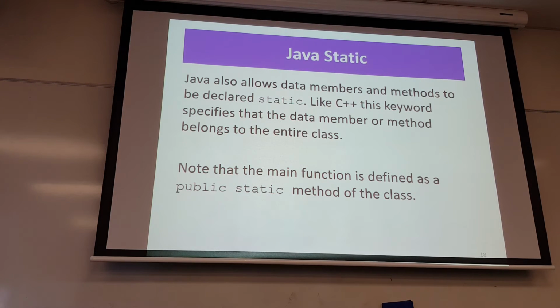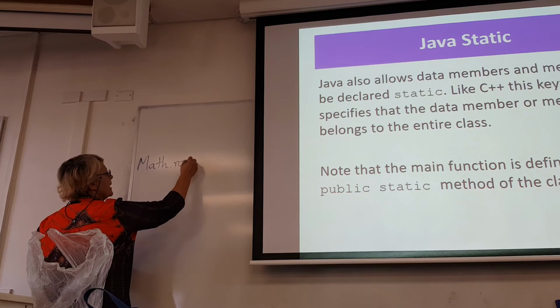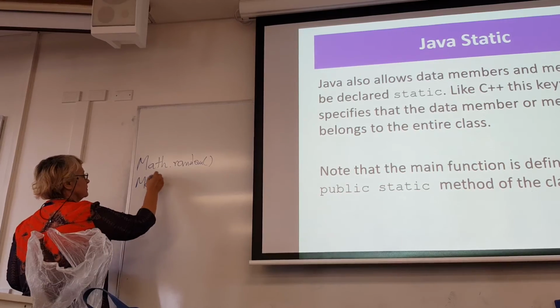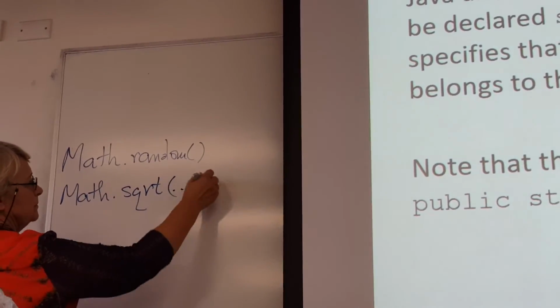Class method and class fields. Like in C++, static keyword says that something is associated to the class. Remember, Math.random, Math was a class, is a class in Java, we have the Math class, and we call the random method or Math.sqrt or something.